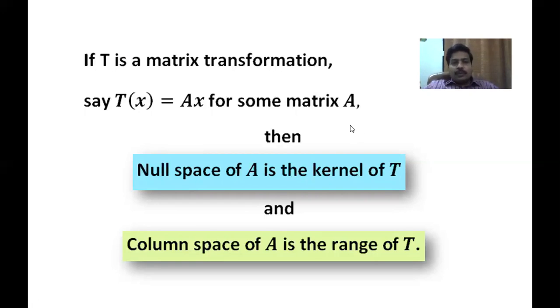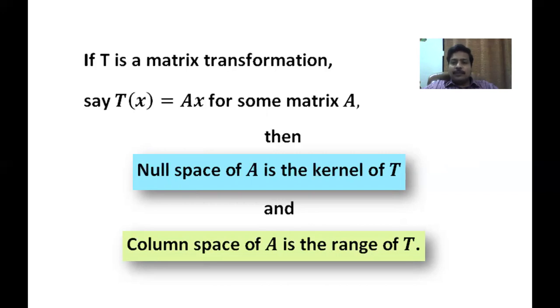Say T of x is equal to Ax for some matrix A. Then the null space of A is the kernel of T, since it gives the zero solutions.